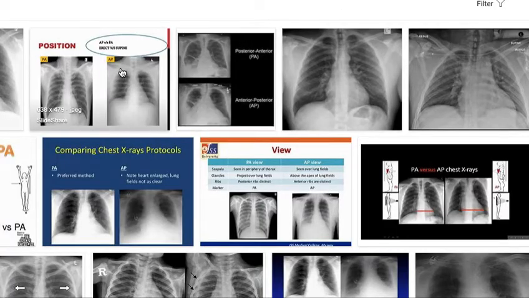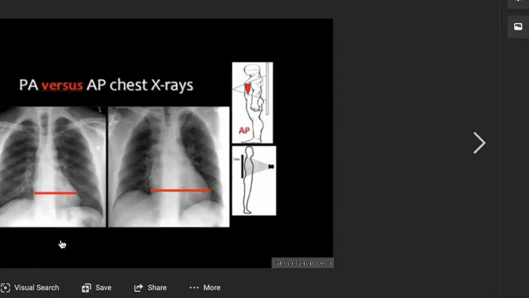See this one, the PA and the AP. In the AP view, the heart is magnified. And see why the heart is magnified.